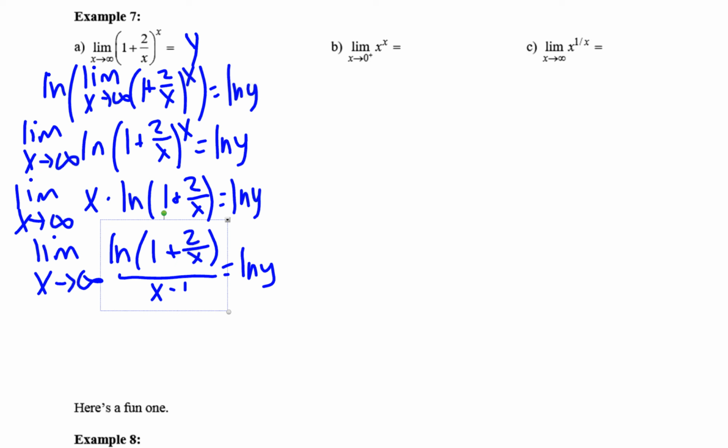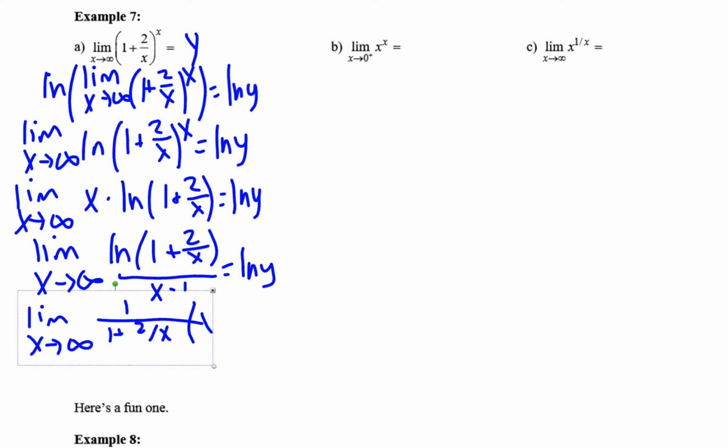Okay, so take the derivative. 1 over 1 plus 2 over x, times the derivative of the inside, which would be what? Negative 2x to the -2 over negative x to the -2. Well, look, we have a negative x to the -2 and a negative x to the -2.